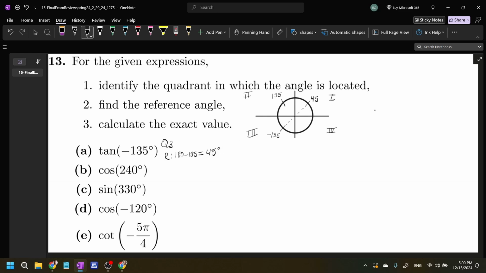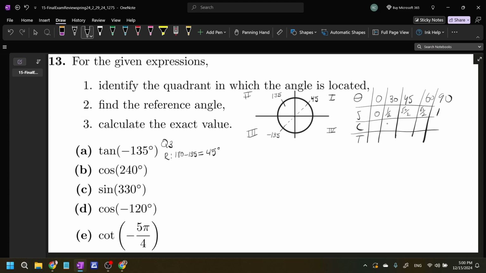If you have that table memorized, great. If you don't, I'll quickly remind you because making it helps me remember it. For angles 0, 30, 45, 60, and 90, sine is 0, 1/2, root 2 over 2, root 3 over 2, root 4 over 2, which is 1.